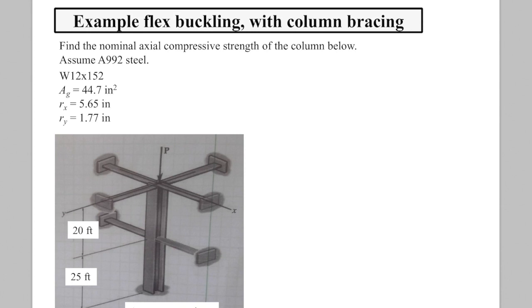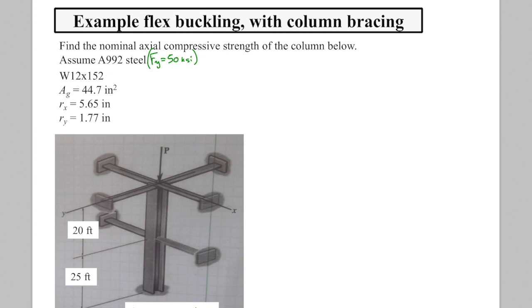So here I've got a column, it's A992, so I know Fy is 50 KSI. Right, that's what I want to know there. I have my shape, and the shape tells me these things: the area gross, the radius of gyration about the x, and the radius of gyration about the y.